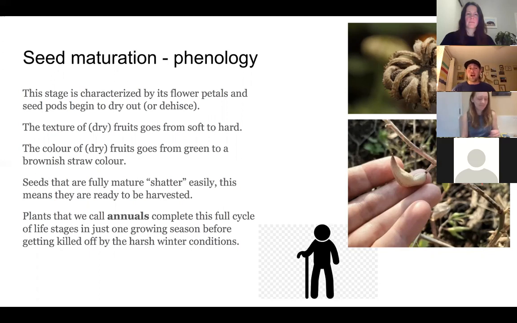The other hazard of picking green seeds for the purpose of storing them is that when they're green and soft like that, they're an easy target for fungal infections. Even though fungi are really great in the soil around the root systems, in this context you do not want any fungal infections because they'll degrade the seeds and make them unviable. So that's the big lesson in terms of looking for seeds at this point.